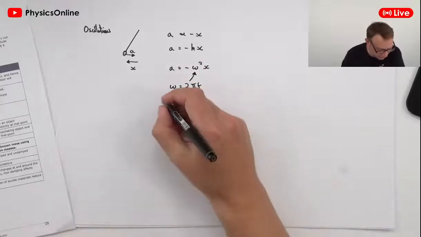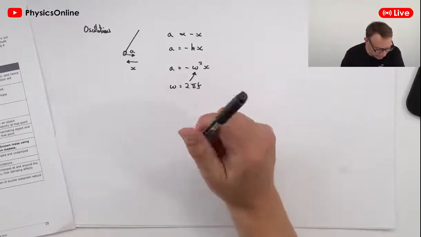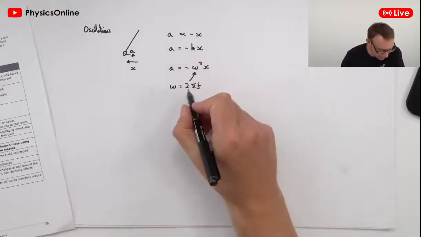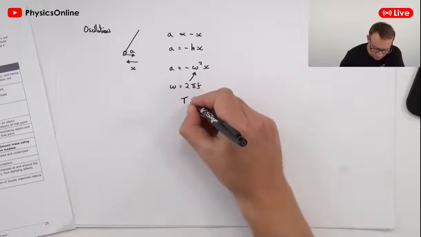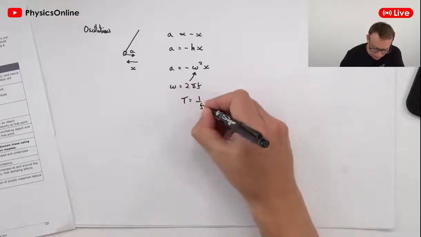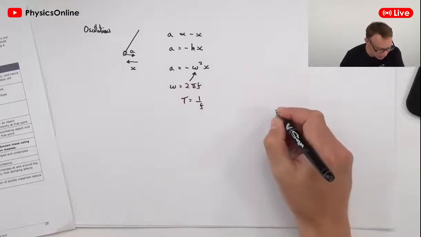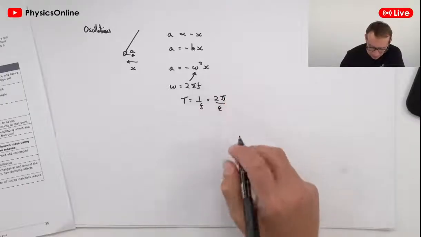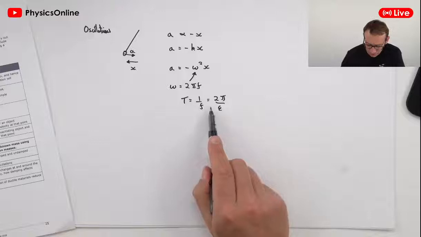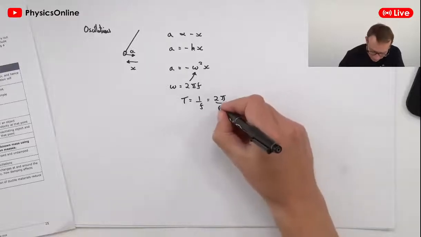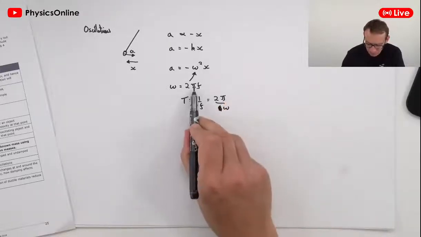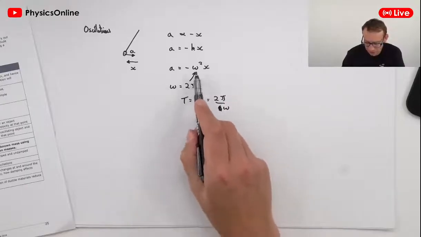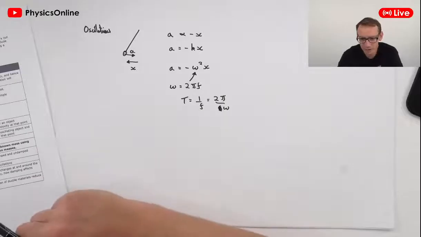You need to know that, what have they got? They've got a load of things, okay? Of course, the time period is equal to 1 over the frequency, and that's equal to 2 pi over omega, because 1 over frequency is equal to 2 pi over omega, so it's basically taking that and just putting it into that format.